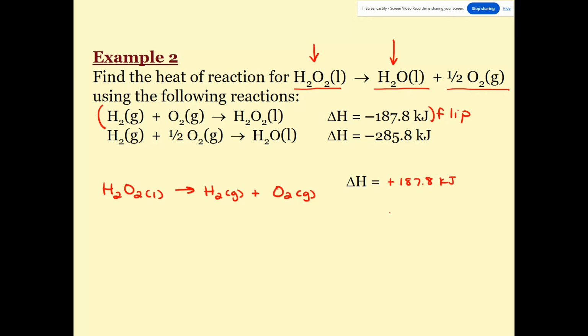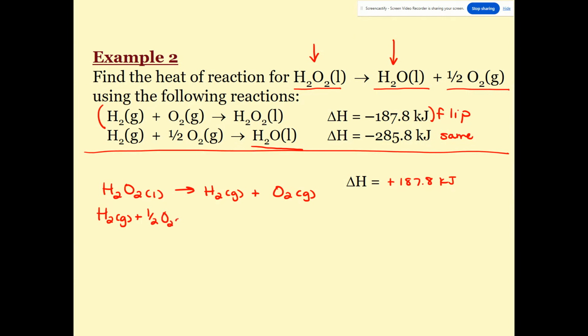Okay? Next, I need 1 mole of water on the product side. This has 1 mole of water on the product side, so I'm going to keep it the same. And again, just copy it down below. This is me showing my work. So I have H2 gas plus 1/2 O2 gas makes H2O liquid.